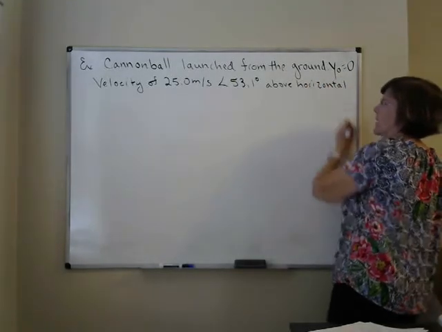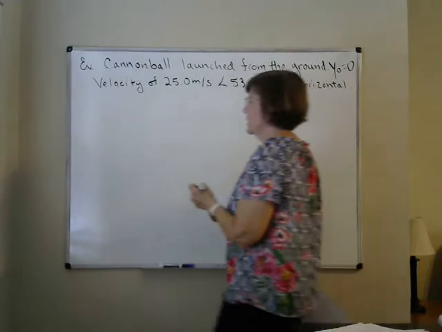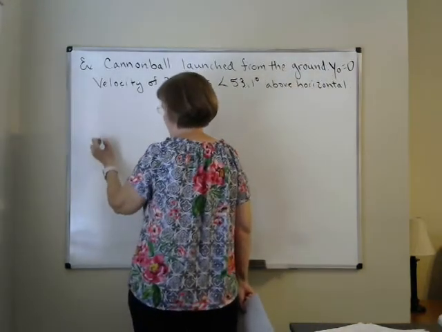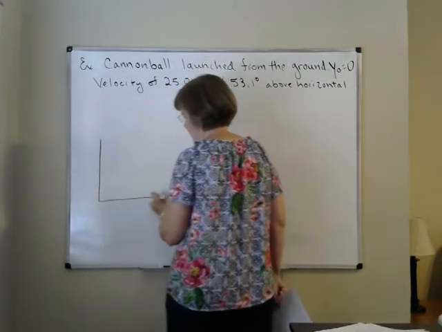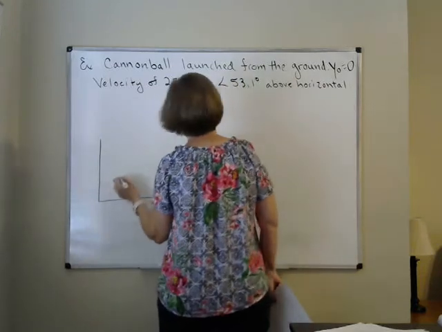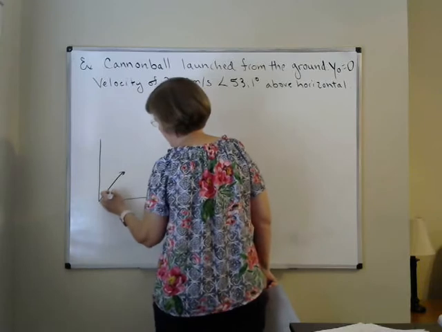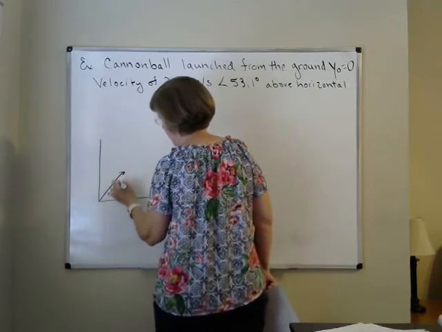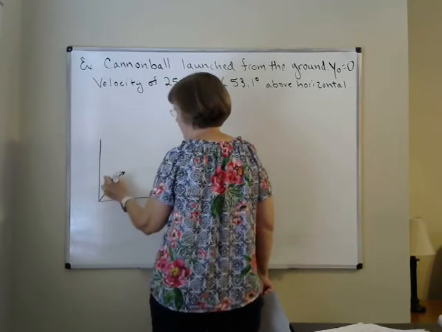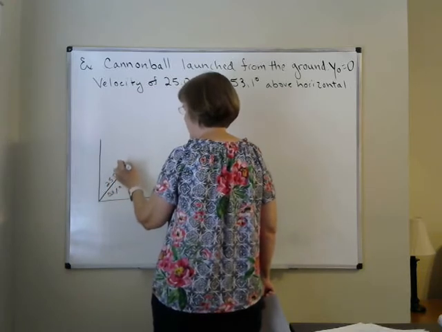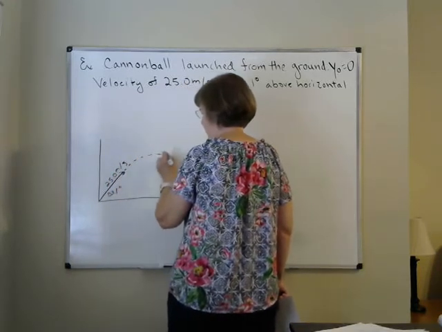But they might not write that most of the time. So if we do a picture of our problem, we're launching from the ground, 53.1 degrees, 25 meters per second, and it does this.